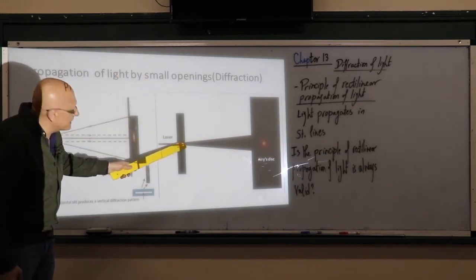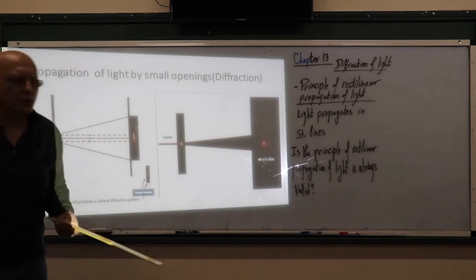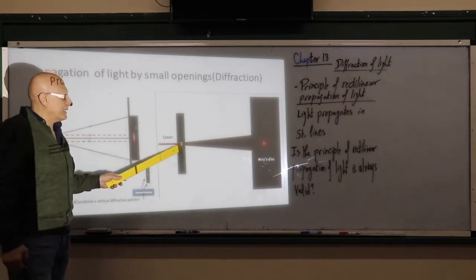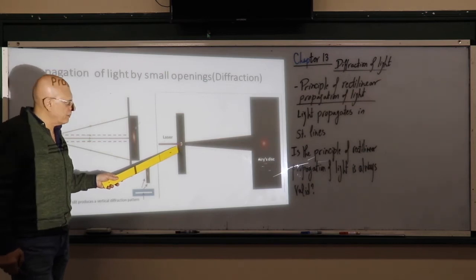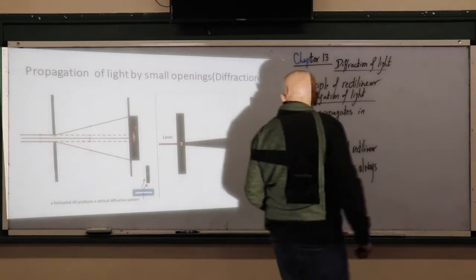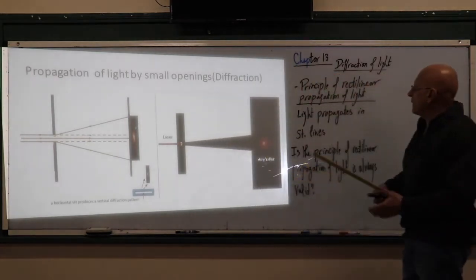Look, this is a small opening. What do you mean by a small opening? Less than 1 millimeter. Okay? If I send the same laser beam to this opening, a small circular hole, what do you observe on the screen?